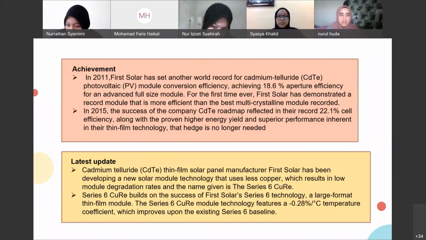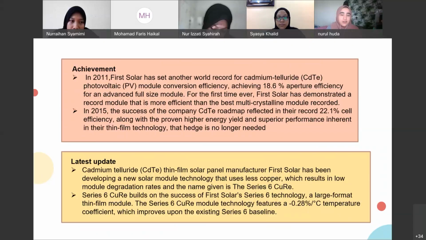The next achievement is in 2015, when the success of the company's cadmium telluride roadmap was reflected in their record 22.1% cell efficiency, along with the proven higher energy yield and superior performance inherent in their thin film technology, so that a hedge is no longer needed.